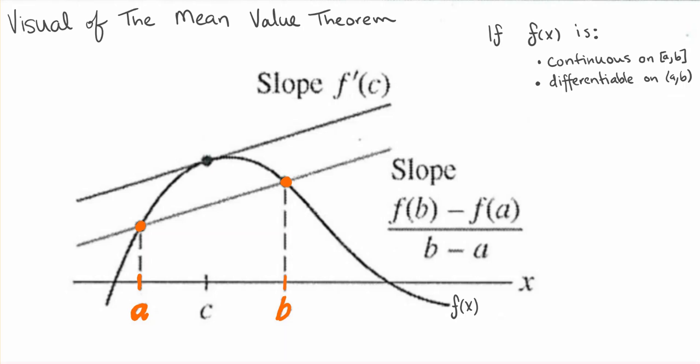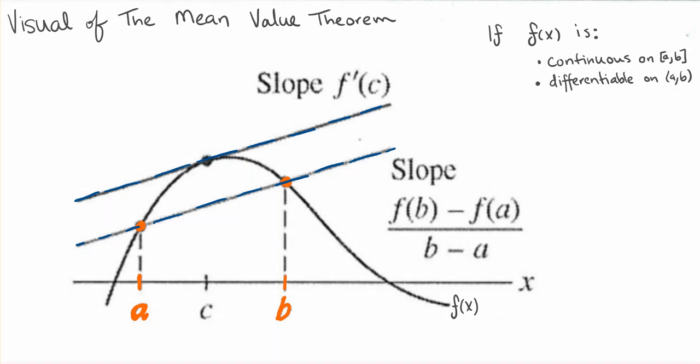And what the mean value theorem tells us is that there exists some point c within this interval such that the slope of the tangent line through c is actually equal to the slope of the secant line between the endpoints of the interval.